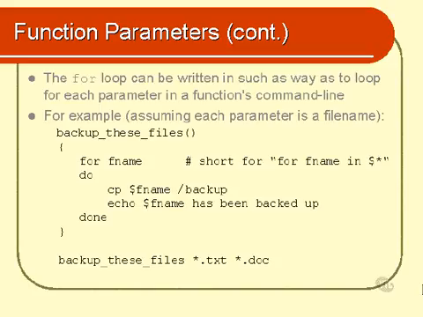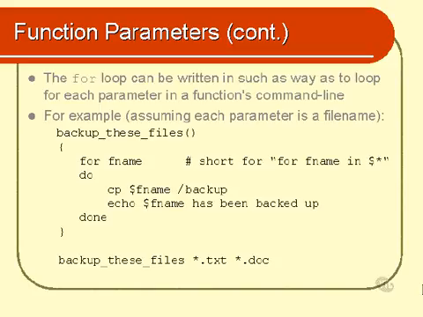Then the backup these files function would actually receive 11 parameters, because the shell would process that command line first. The backup these files star.txt, star.doc command line would be processed by the shell first, who would do all the wildcard expansion, and so you would end up with 11 parameters to backup these files.